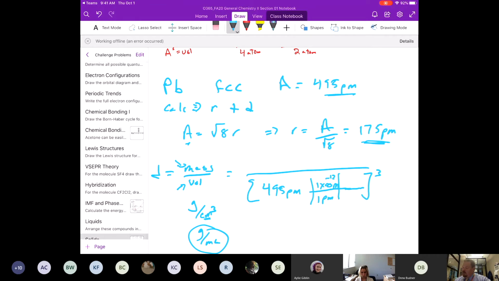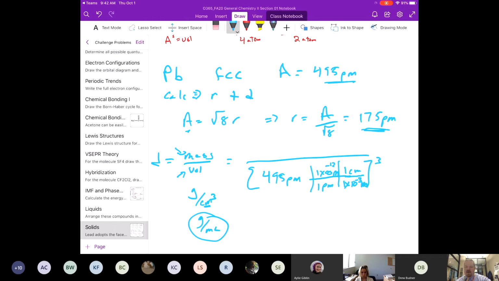And then we're going to go to centimeters. 1 centimeter is 1 times 10 to the negative 3 meters. So that's going to give us our length of that side in centimeters. And then we cube it to get the volume. Everybody okay with that? Any questions about that part?